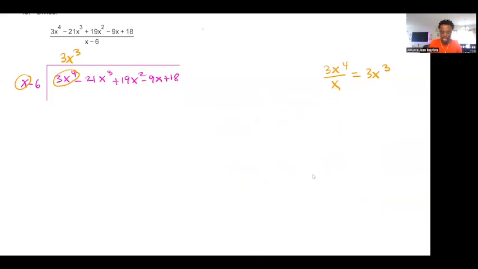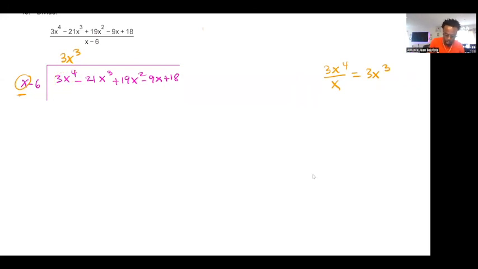So remember, the first thing I did, I divided the leading term of the dividend by the leading term of the divisor. It gives me this. That's the first thing that goes in the quotient. And now I'm going to find what I'm subtracting here.